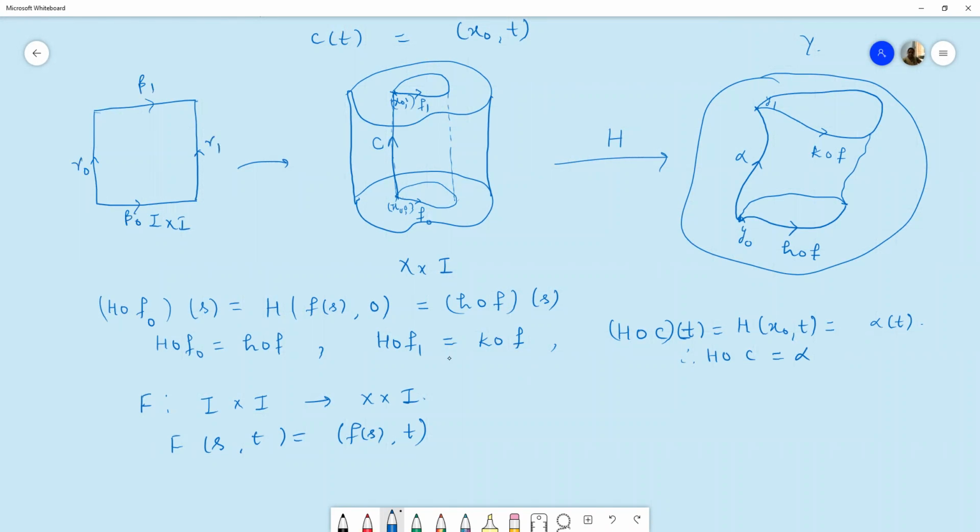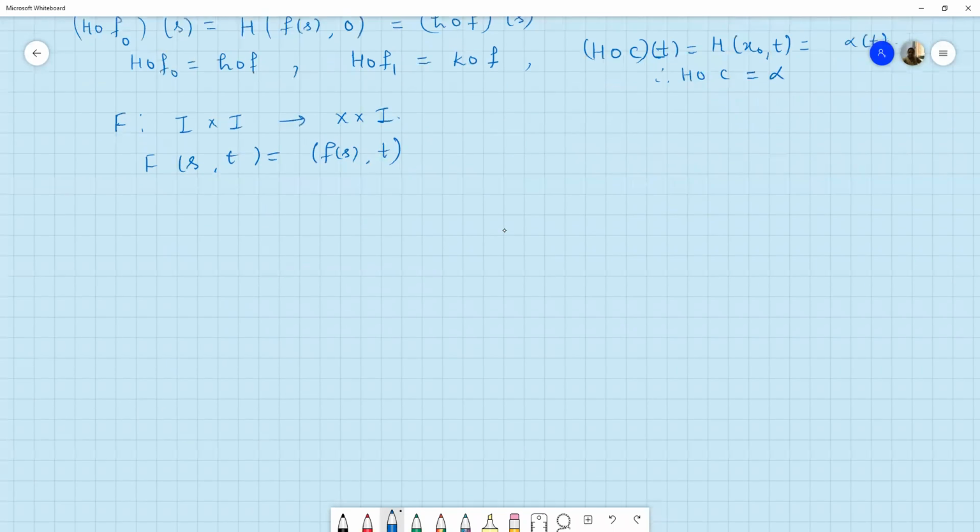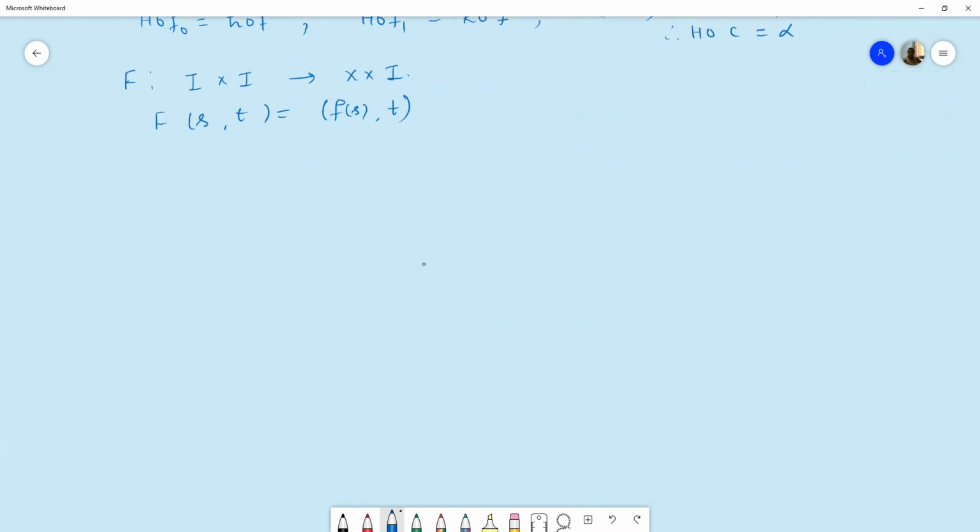Beta naught of s is (s, 0), beta 1 of s is (s, 1). These are basically four paths which run along the four edges of I cross I.